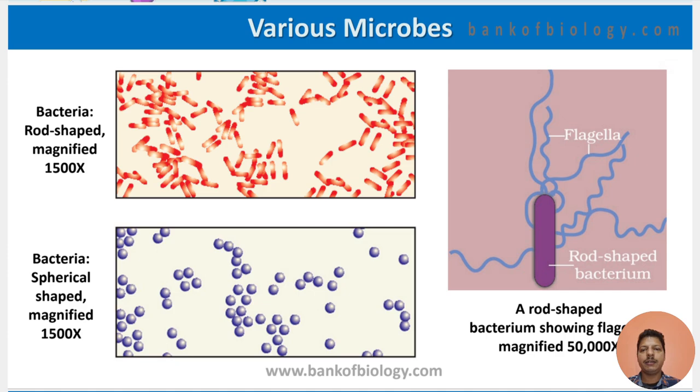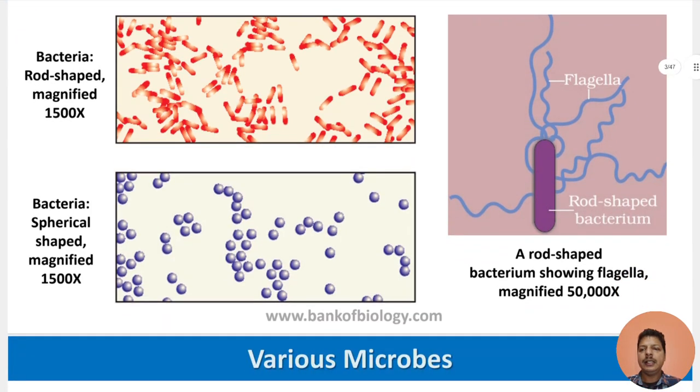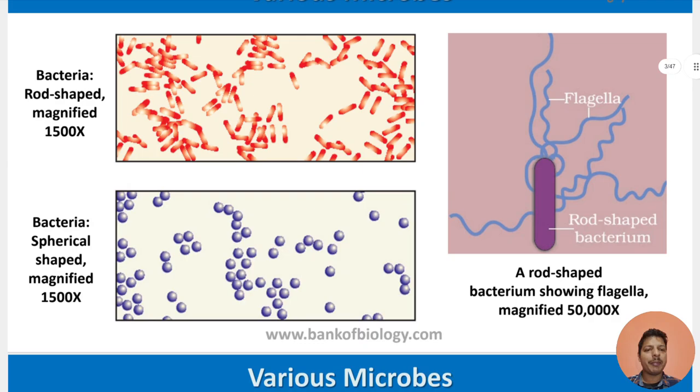So let's start. First of all, various types of microbes. Here you can see bacteria. Rod-shaped bacteria magnified 1500x, then spherical-shaped bacteria magnified 1500x, and a rod-shaped bacterium showing flagella.